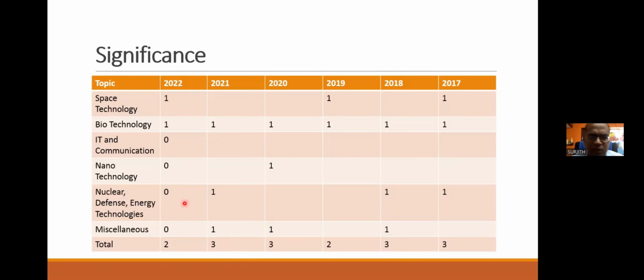So literally speaking, you can expect questions of around 30 to 45 marks from science and technology, which is very significant, because your ability to score these 30 to 40 marks is high compared to any other chapter or subject.